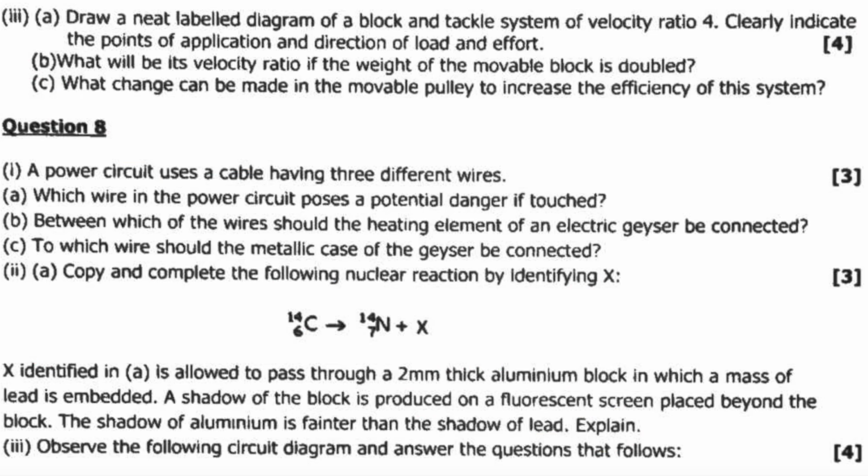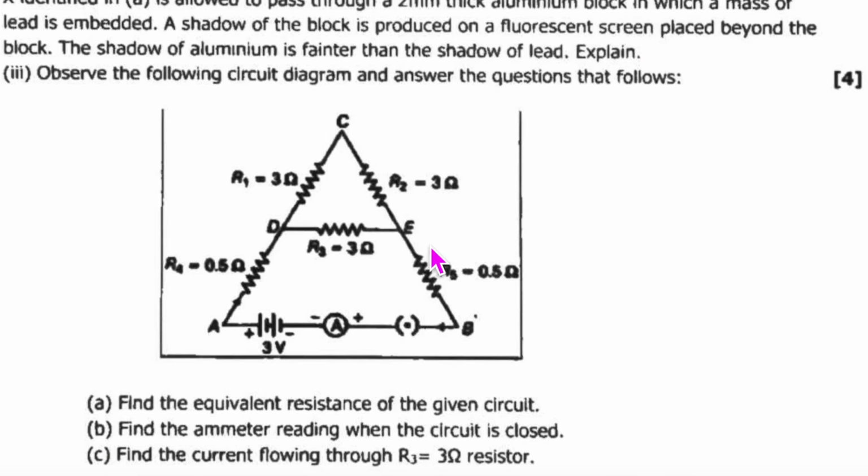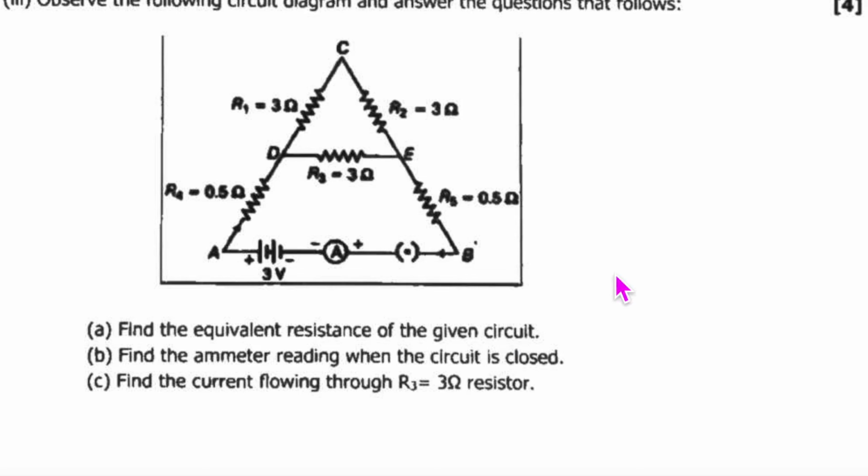Observe the circuit diagram. You'll have to draw the circuit diagram. So when you draw it, show a triangle like this way. There should be an ammeter here and the plug key here.